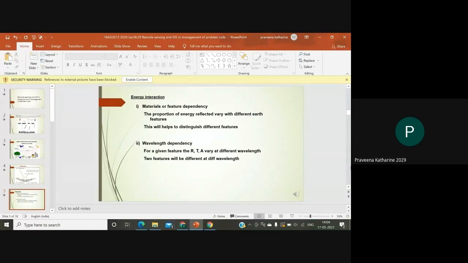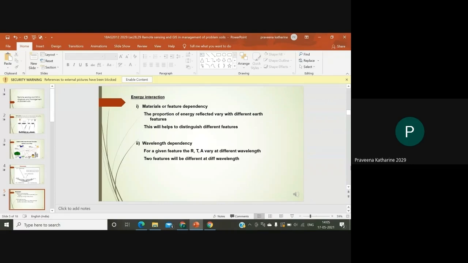Similarly, one particular object, say the tree, will reflect a different wavelength and it will absorb a different wavelength. Similarly, soil will absorb a different wavelength and it will reflect a different wavelength.